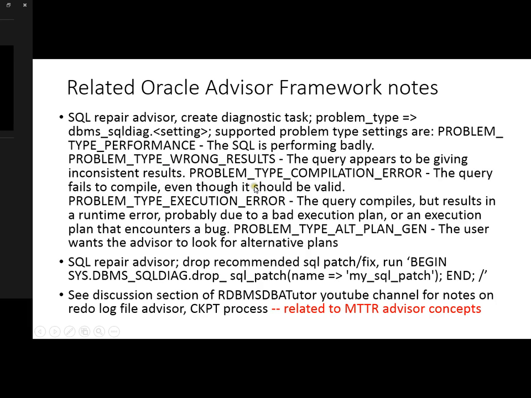And if you have a valid SQL query and you're wondering why the compilation does not complete entirely, you can also check the problem type execution. This is the one I used for the SQL statement that I acquired.